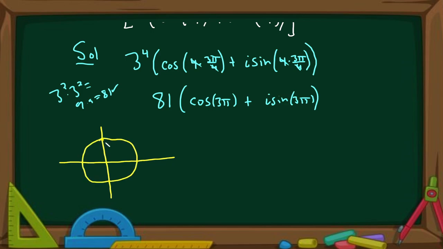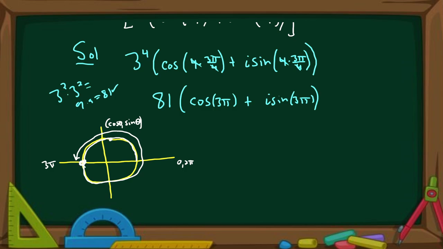It's special because every ordered pair on the unit circle has the form cosine theta, sine theta. Here, this is 0, but it's also 2 pi. To get to 3 pi, you do one complete revolution, and then you go one more half revolution. So this would be 3 pi, which is also pi.